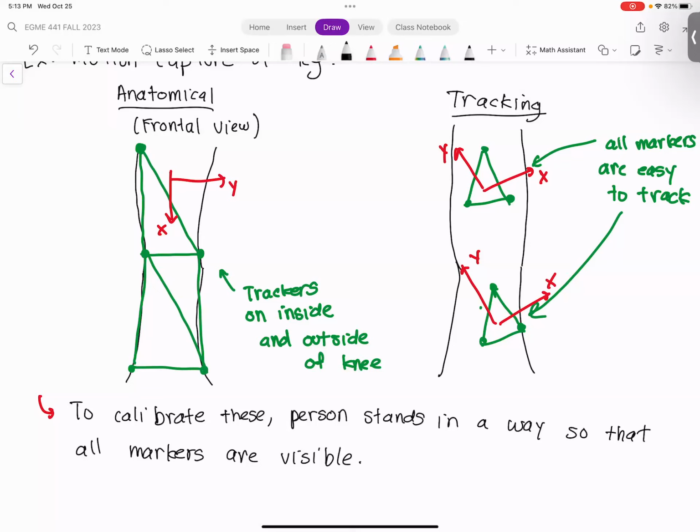Okay. And then for each segment that we're interested in capturing motion for, what we can do then is create a way to relate the tracking coordinate system and the anatomical coordinate system for that particular segment.